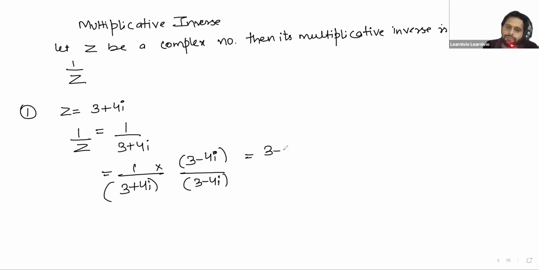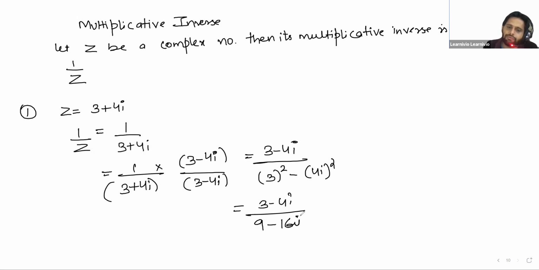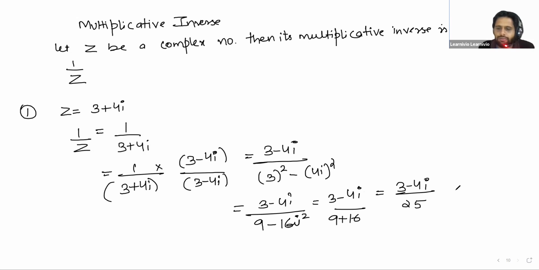This gives 3 minus 4 iota by 3 square minus 4 iota whole square, which is 3 minus 4 iota by 9 minus 16 iota square. This gives 3 minus 4 iota by 9 plus 16, which is 3 minus 4 iota by 25. If you wish, you can separate this: 3 by 25 minus 4 iota by 25.